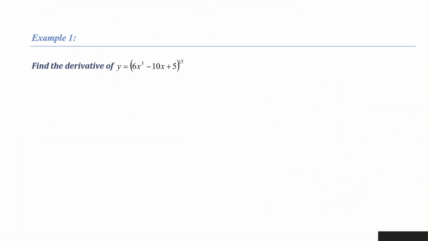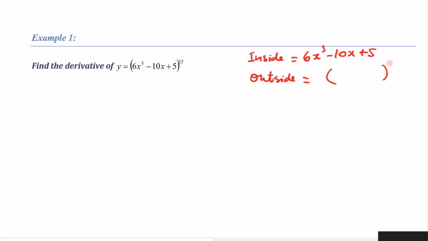Let's do this example using our chain rule. Again, we notice here that we have an outside function and an inside function. Here our outside function is the power function, and inside is a polynomial, 6x cubed minus 10x plus 5, and outside we have power of some expression.